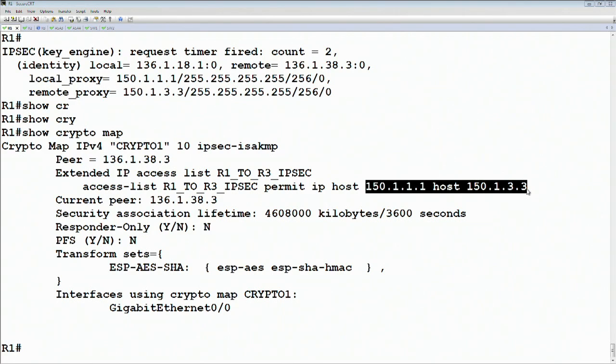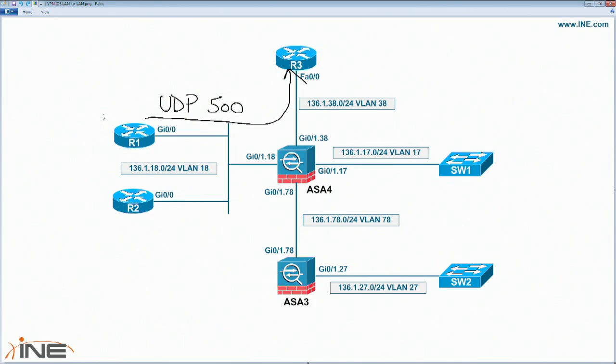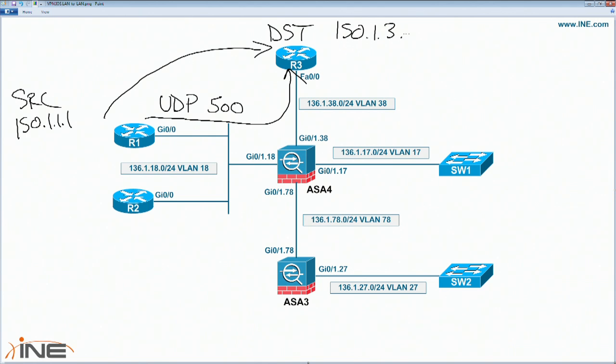So again, if we look at our diagram, when router 1's going that way, it's saying the source should be 150.111. The destination should be 150.133. Okay, this is for router 1's outbound SA.